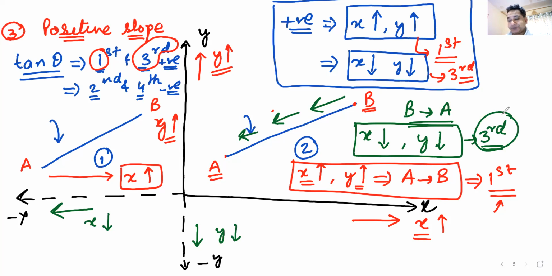Clear? Okay, Sai. We are going to move ahead with this positive slope graph. We have understood. What would be the next type of graph? Number 4.